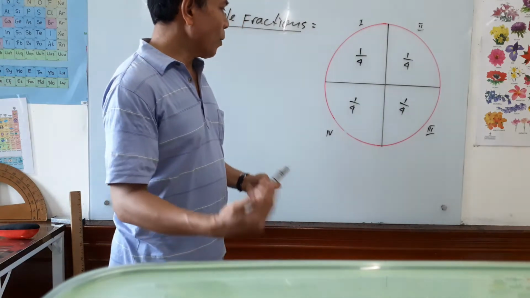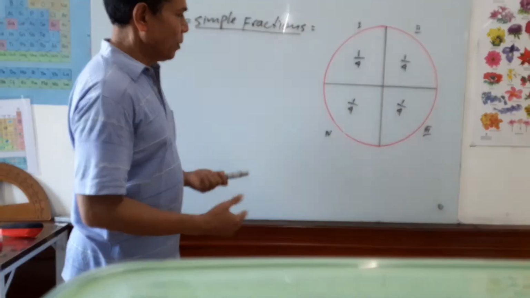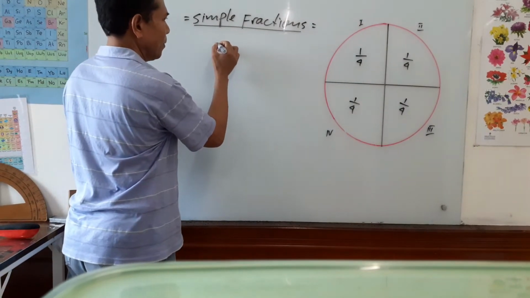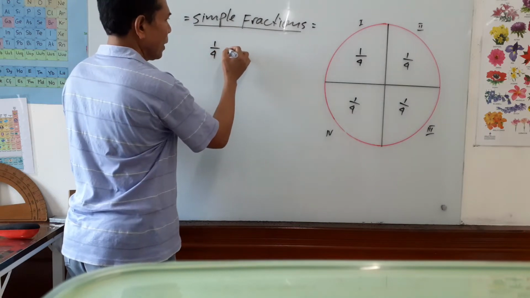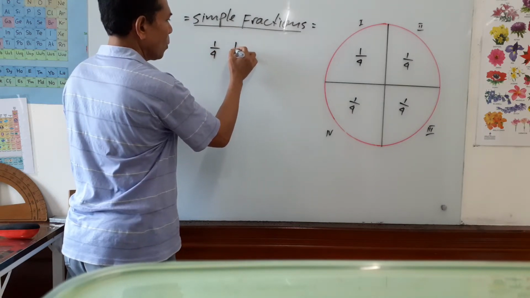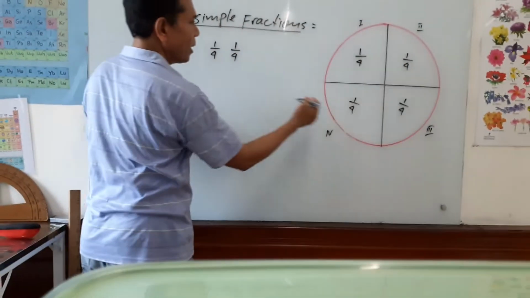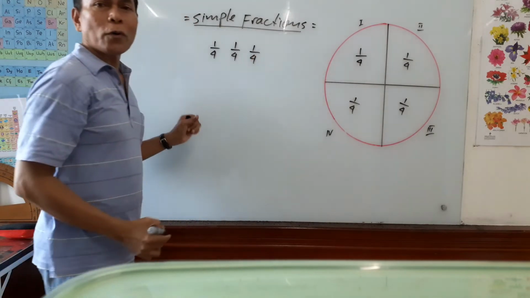Okay? Now, let's take these fractions out of the picture, the circle. Okay? We put them here. So we have here 1/4. We have here 1/4. For this one, we bring here, and this one we will bring here. 1/4.